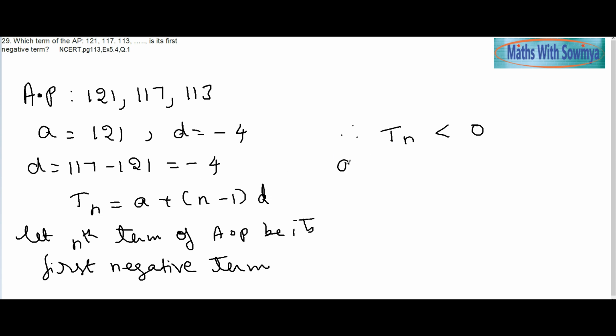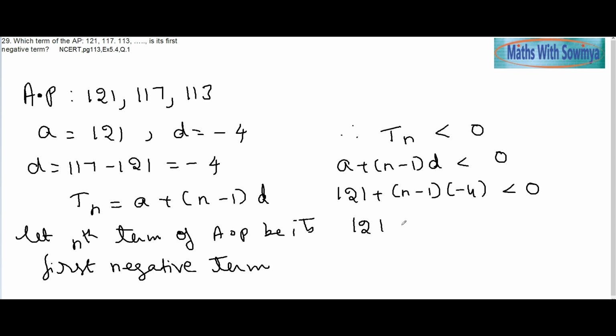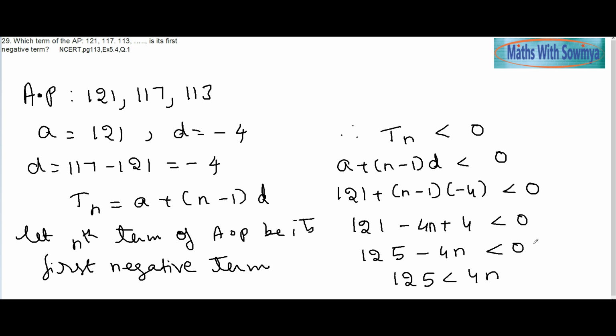What is my Tn? a plus n minus 1 into d is less than 0. So I'll just apply the values here, with d as minus 4, less than 0. Or I'll write 125 is less than 4n.